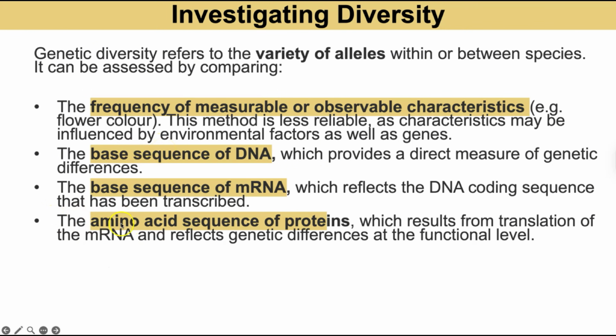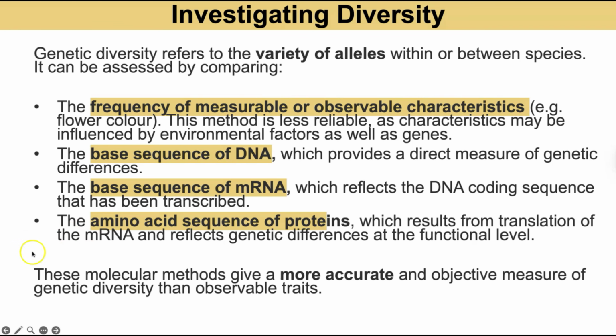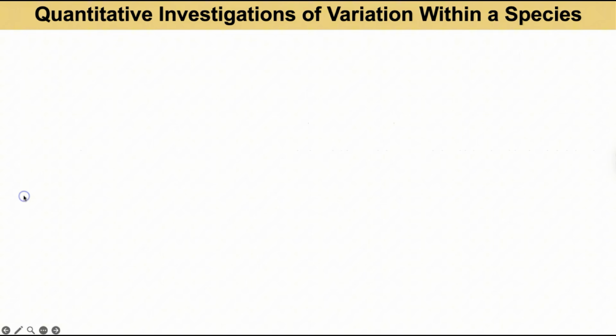However, we do need to bear in mind for this one, because the genetic code is degenerate, two organisms might have the same amino acid sequence for a particular protein, but their DNA base sequence might be different. So the most accurate measures are comparing DNA base sequences or mRNA base sequences.